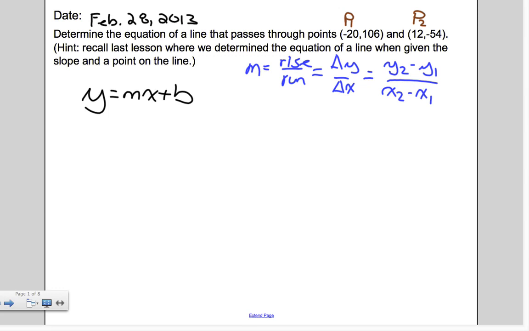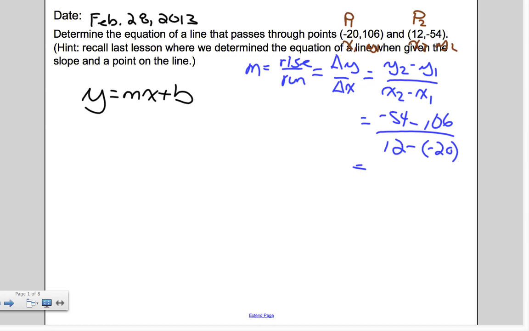That way you can see what's going on. So here we're going to have x1, y1, x2, y2. So here y2 is negative 54, minus y1 which is 106, divided by x2 which is 12, minus negative 20.